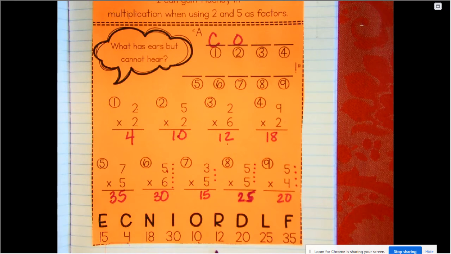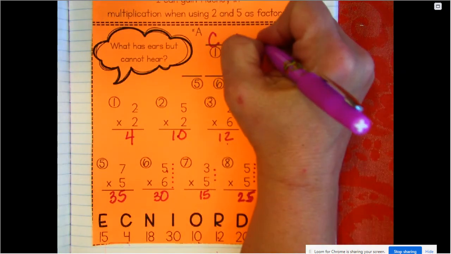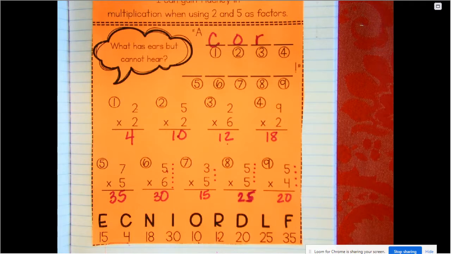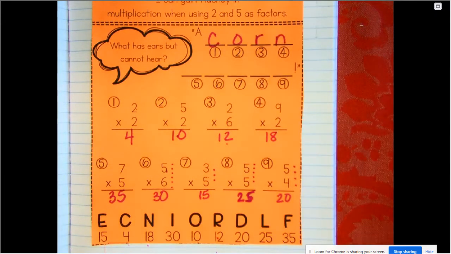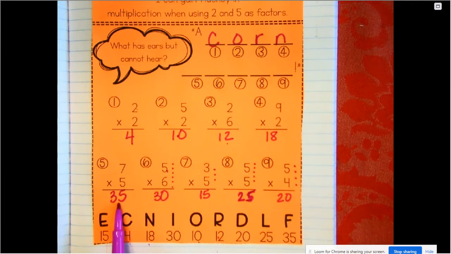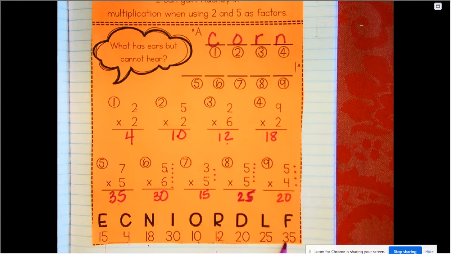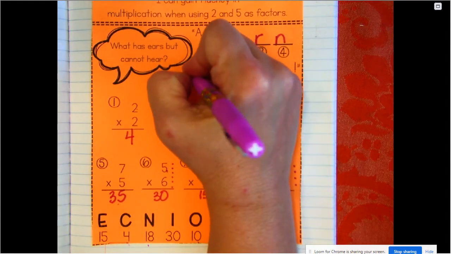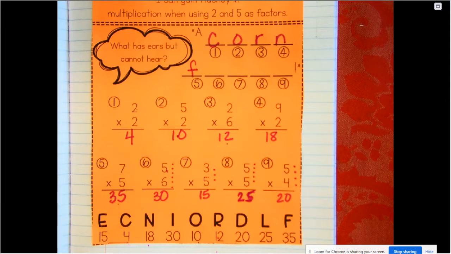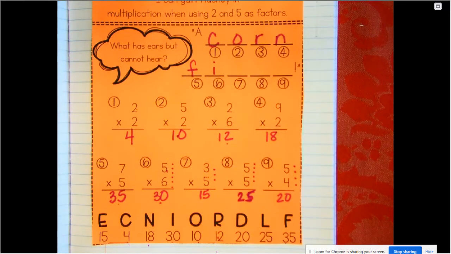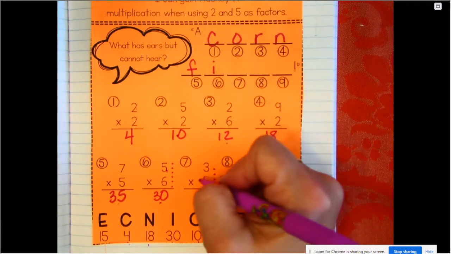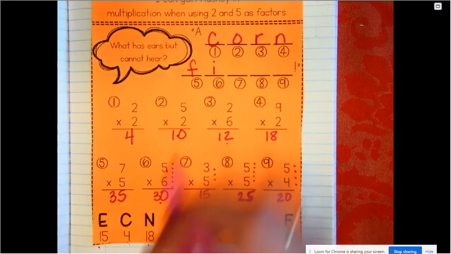So if we look down here, that's R. Number 4 is 18, so that was N. Number 5 was 35. That's F. Number 6 was 30. That's I. Number 7 is 15. That's E.